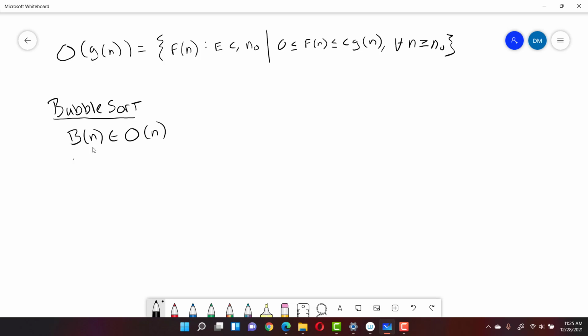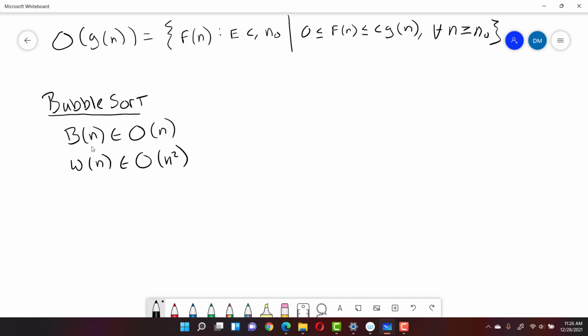Likewise, we found the worst case time complexity for bubble sort was big O of n squared. In that situation, g of n is n squared, f of n is the number of operations taken in the worst case by the bubble sort, and we found there was a constant we could multiply n squared by to put it above the number of operations taken by the bubble sort.